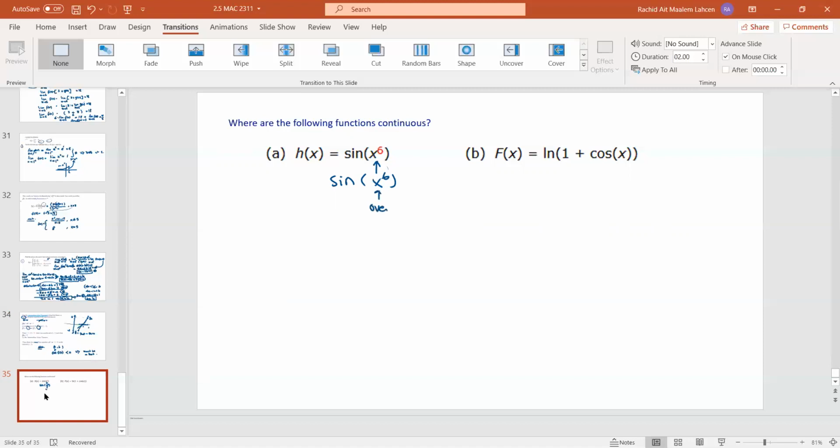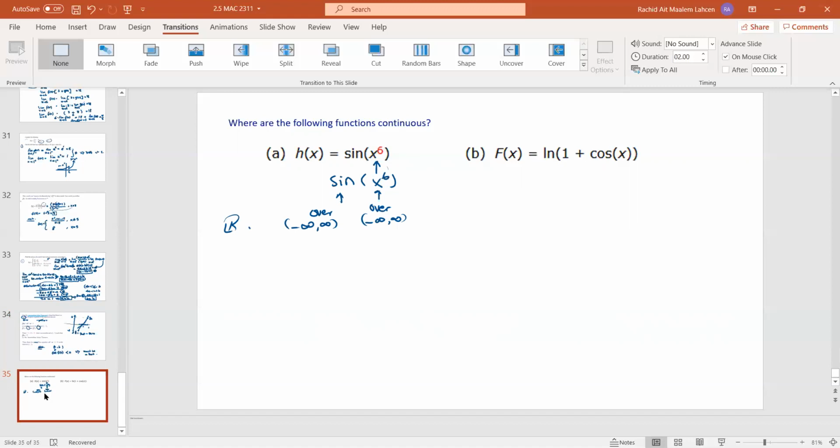So each is continuous over R, and here there is no issue, they're both continuous.